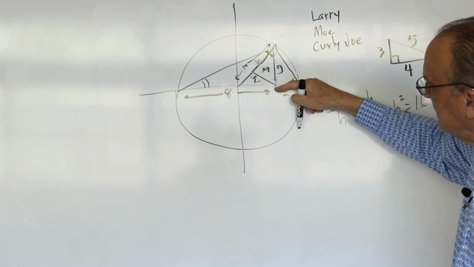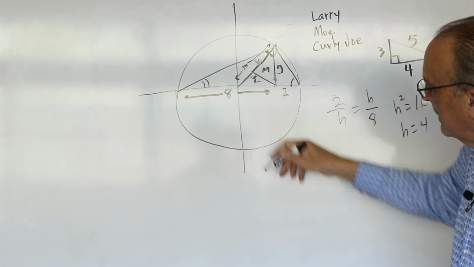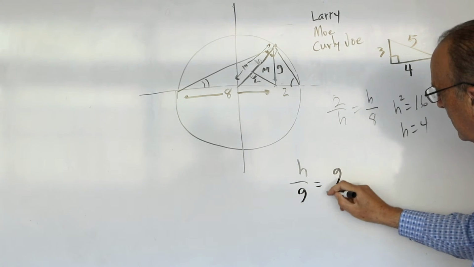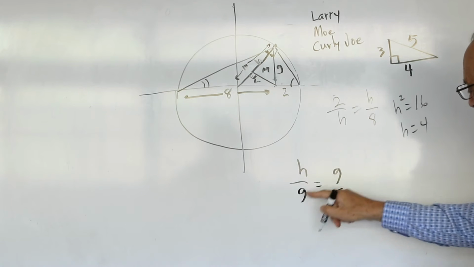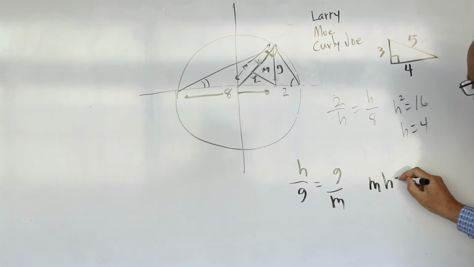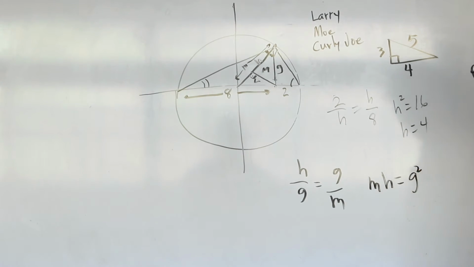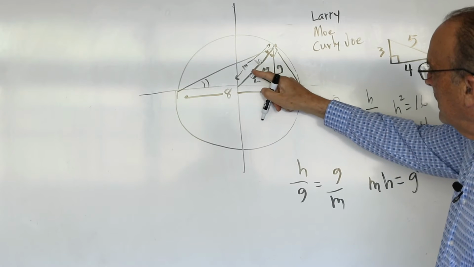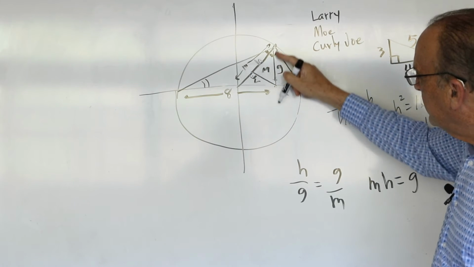So H is to G as G is to M. When I cross multiply, I get my familiar M times H equals G squared. But in this case, we already found out this was 4. So H is to 4 as 4 is to 5.